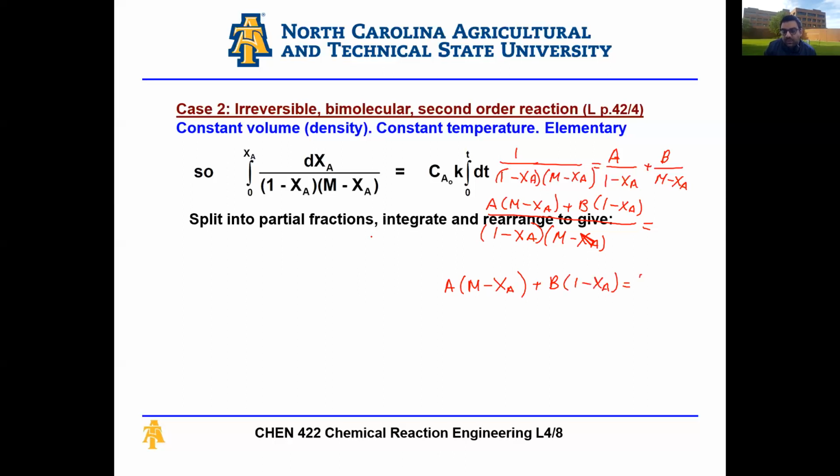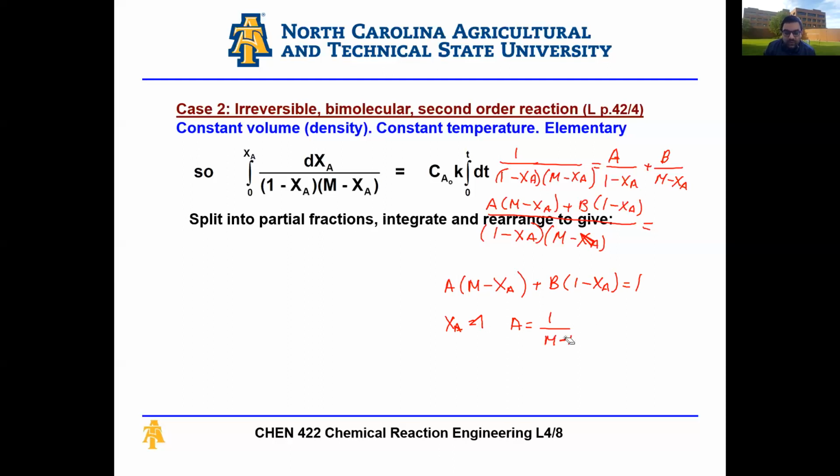Now I need to solve for A and B. I take two cases, when XA is equal to 1, because my variable here is XA, and when XA is equal to M. These are my limits of this fraction. When XA is equal to 1, this term cancels out, so I get A is equal to 1 over M minus 1.